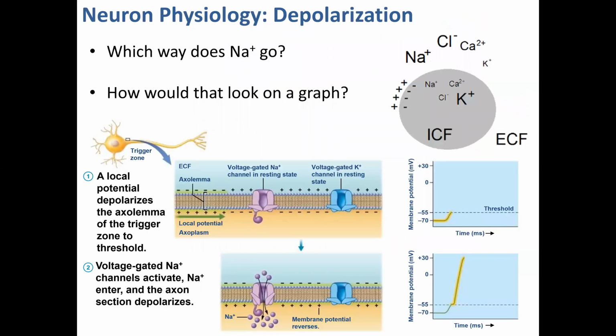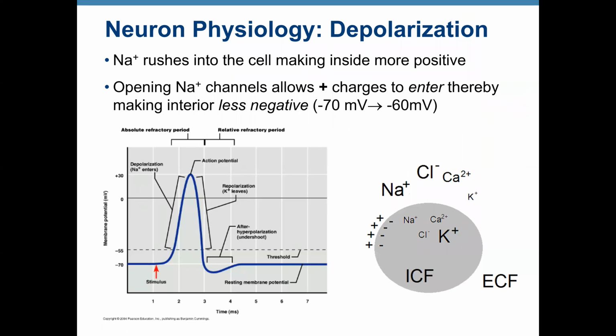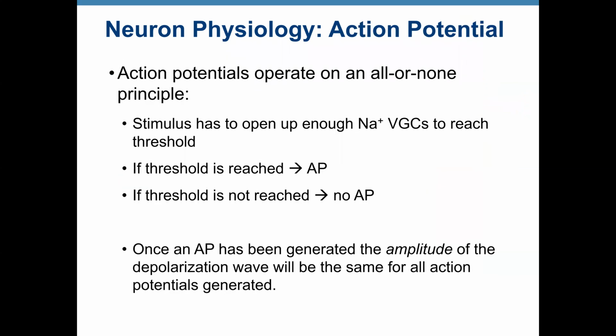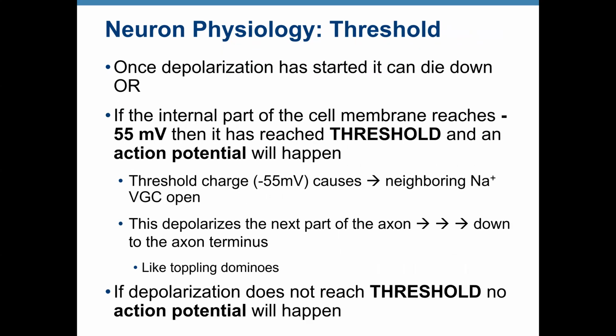And then, okay, where are we at? So depolarization, and then we need repolarization. So this is where we stop. Once depolarization has started, it can die. Again, you might feel somebody touching you or you might not.